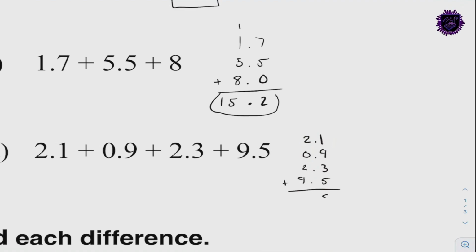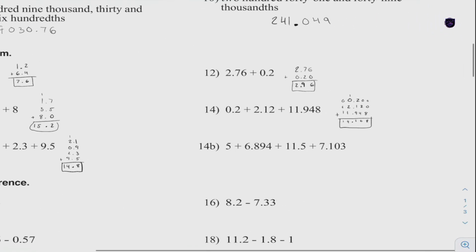So we have 18, carry the 1. 1 and 2 is 3, plus 2 more is 5, plus 9 is 14. Of course, we haven't got to our answer because we haven't carried down our decimal. So let's do our decimal right there. And our answer is 14.8. We're going to square our answer. And we're going to move on to question 14b.